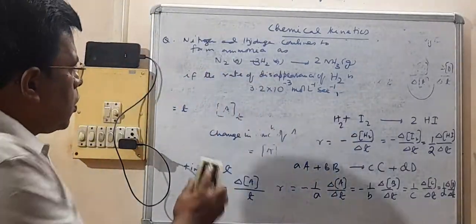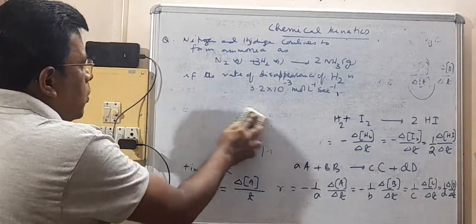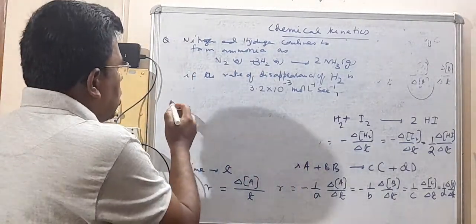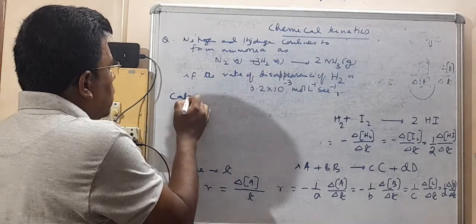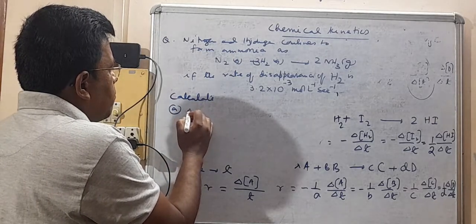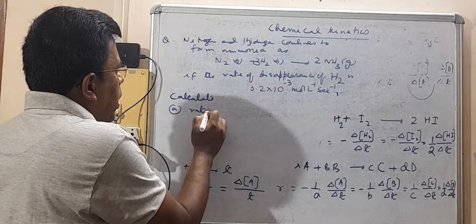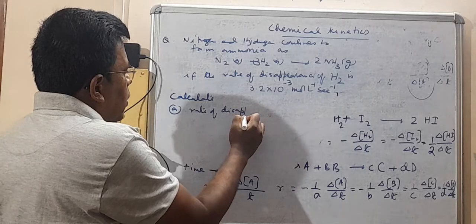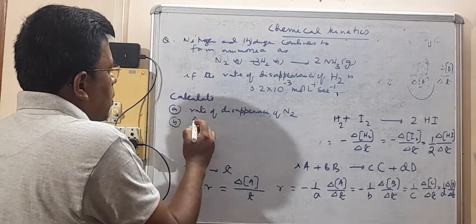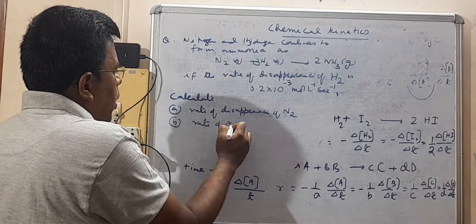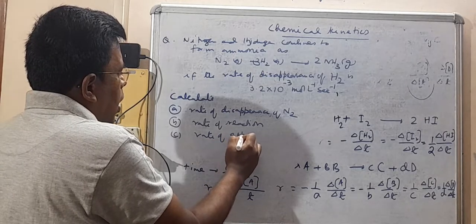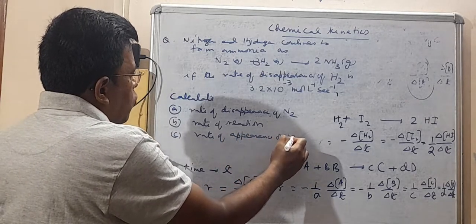So what we have to find: calculate number A, the rate of disappearance of nitrogen, number B, the rate of reaction, and the rate of appearance of ammonia.